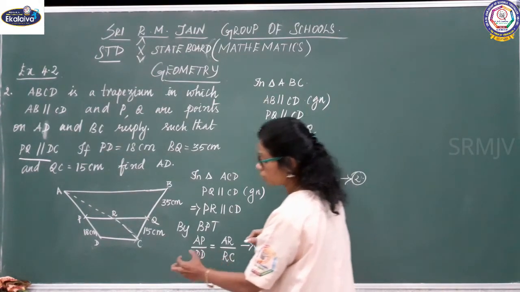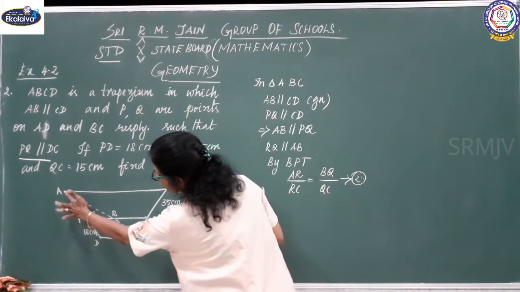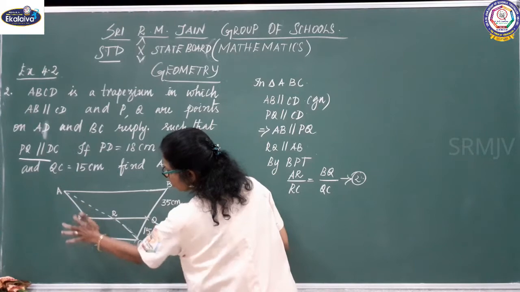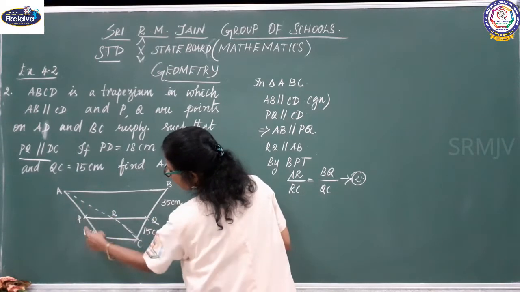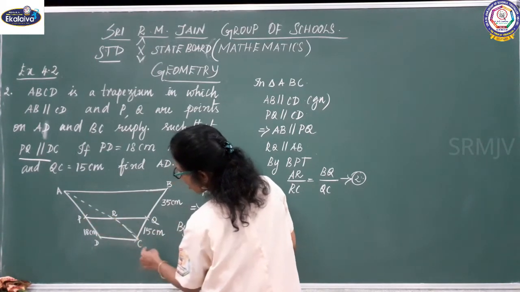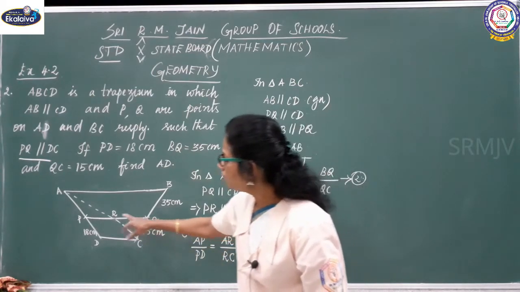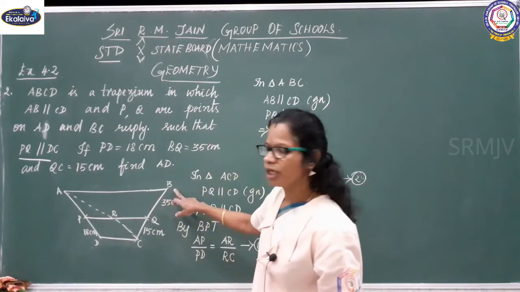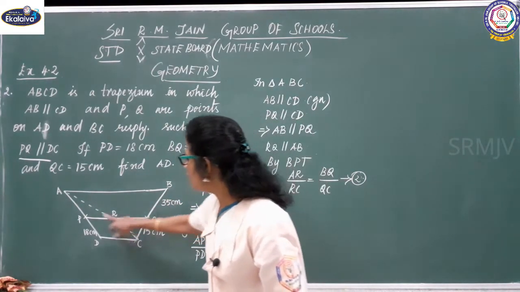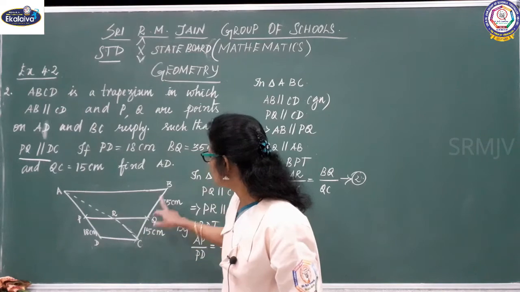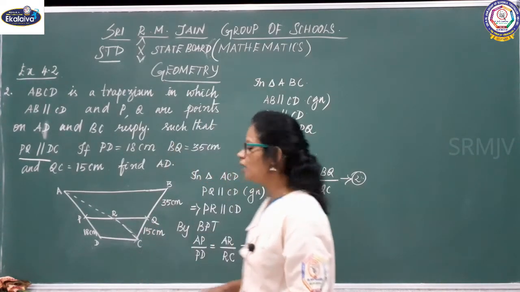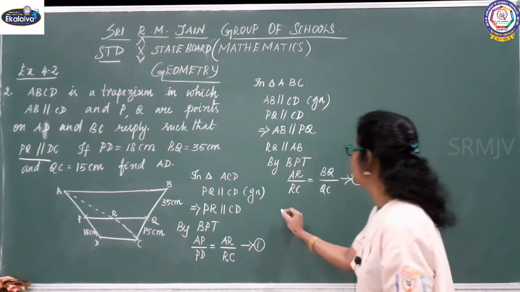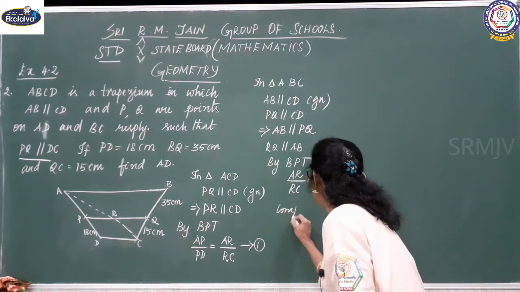Using the BPT in triangle ACD, PR is parallel, so the ratios are equal: AP by PD equals AR by RC. Now in triangle ABC, RQ is parallel to AB, again BPT: AR by RC equals BQ by QC. Now compare 1 and 2.